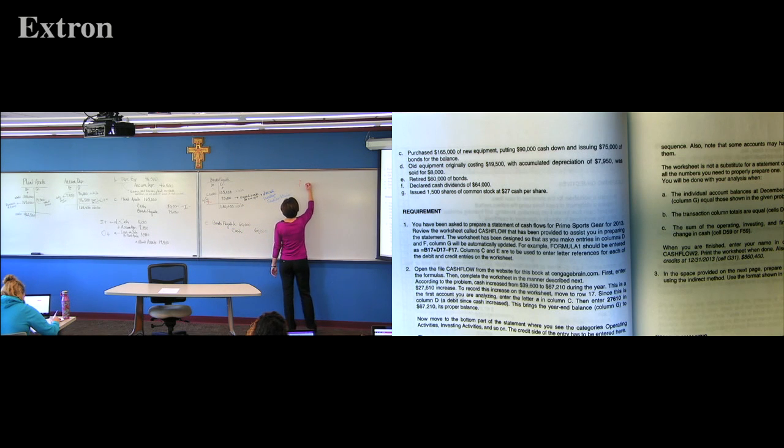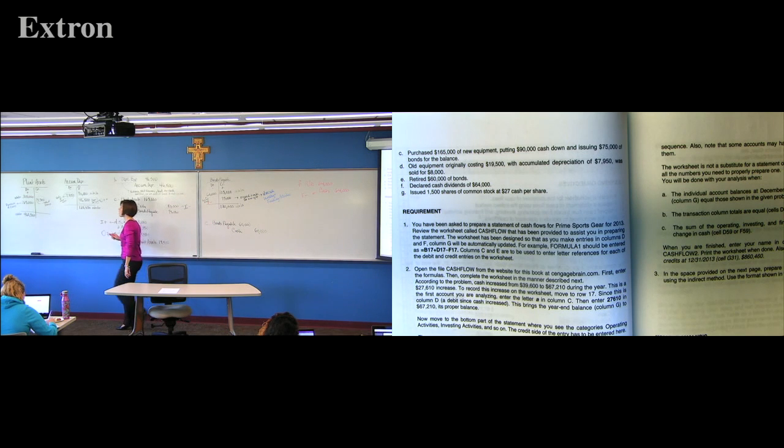But I would really prefer to see that word payment there instead of declared, but that's a minor technicality. Because cash did go out, and this belongs under our financing activities, we're going to label that F minus as well, because that's going to reduce the available cash that we have.